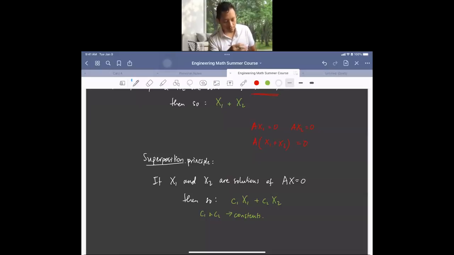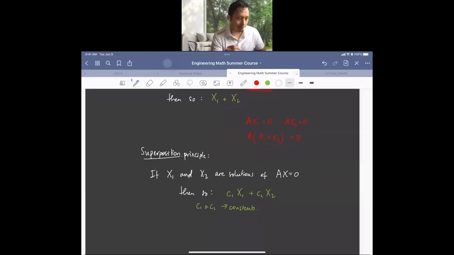And if you have more solutions, like x1, x2, x3, then we have c1 x1, c2 x2, and c3 x3.